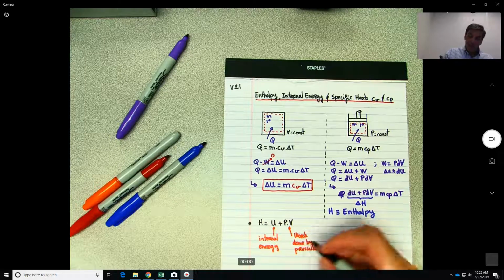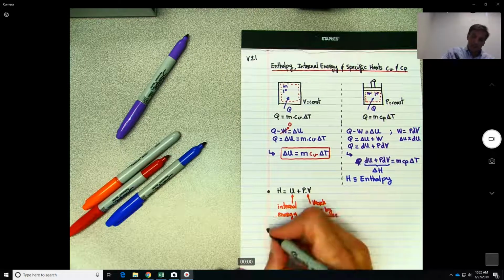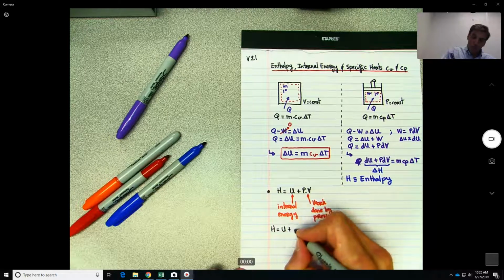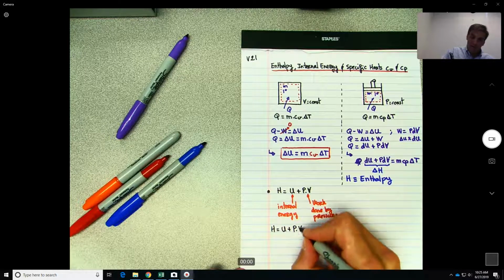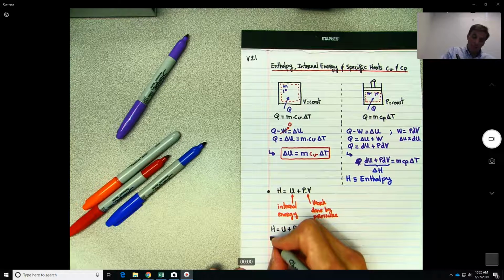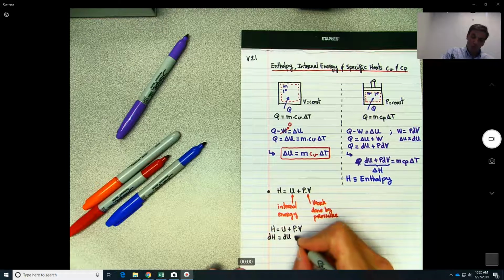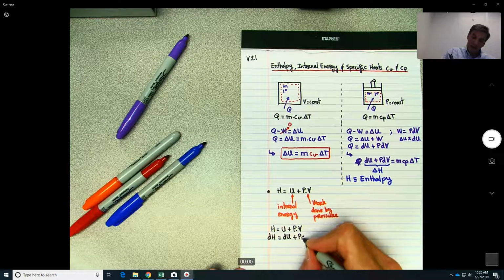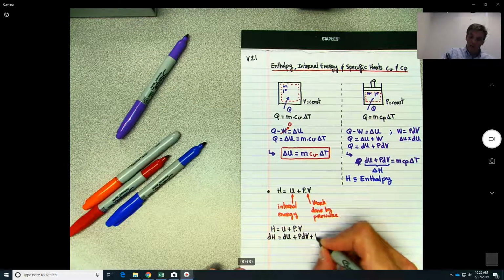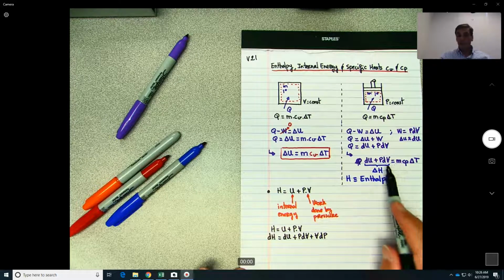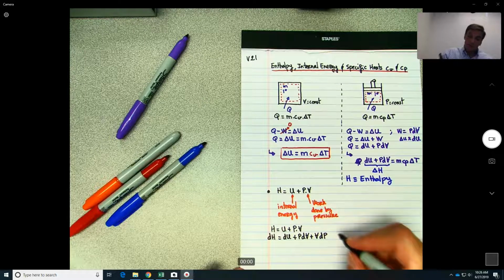Because basically, I'm just going to do the mathematics here. We have H equal to U plus PV. What does that mean? Now, if we take the derivative, this will be equal to dU plus P dV plus V dP. But you see, that's not the same expression that we had over there. Unless, what do we do?